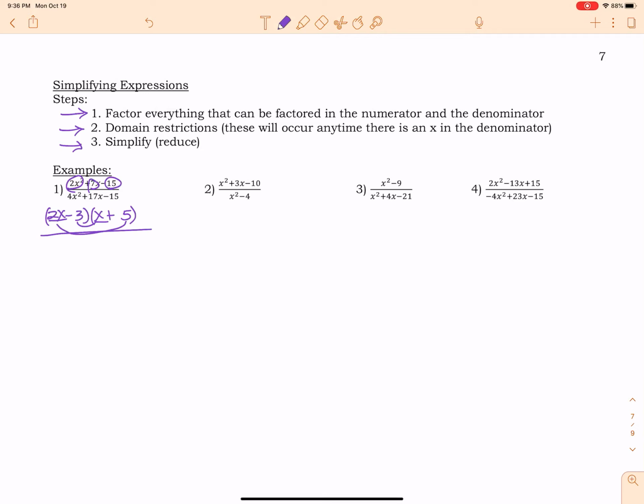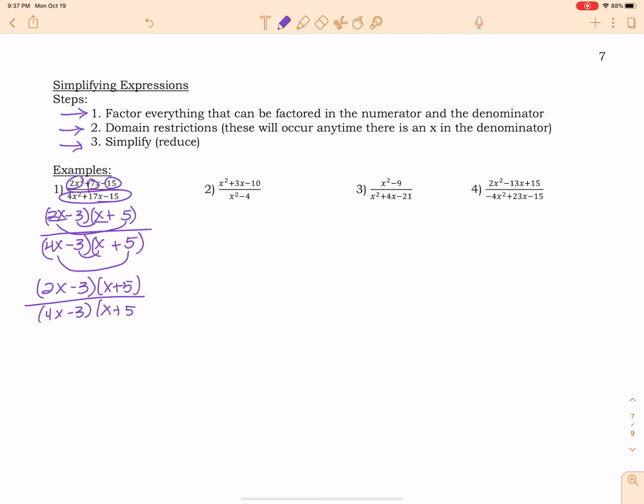And then this is going to be over this factoring right here. So I'm going to try 4x and x, and then I'm going to try 3 and 5 again. That gives me 3x and 20x. If this is positive and that's negative, that will give me a positive 17. Okay, so if you will notice in our numerator, we have this times this over 4x minus 3 times x plus 5.